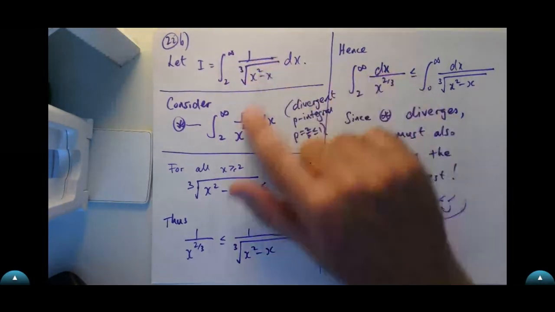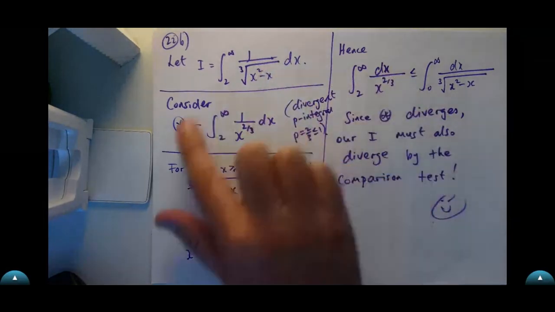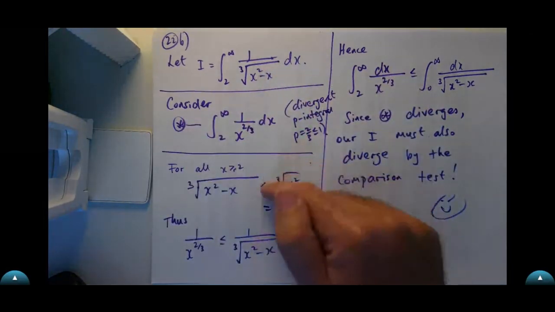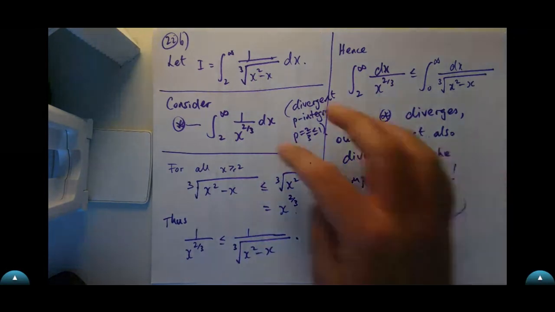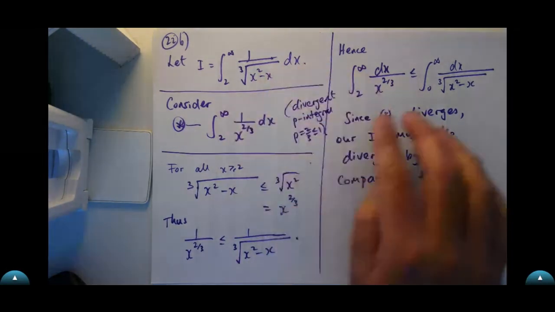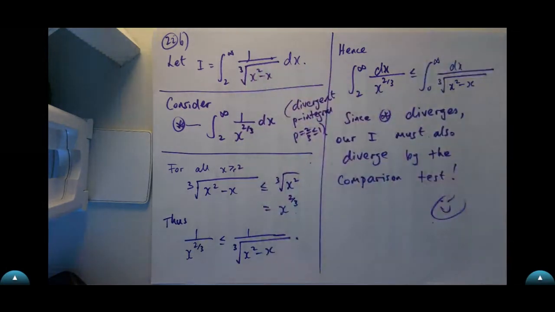What you can do is just look at it and go, well, I think it's going to diverge, and that way you get the inequalities in the right spot. But sometimes you'll make a mistake and you'll go, oh, actually that's not going to work, and then you need to go and do the other thing.